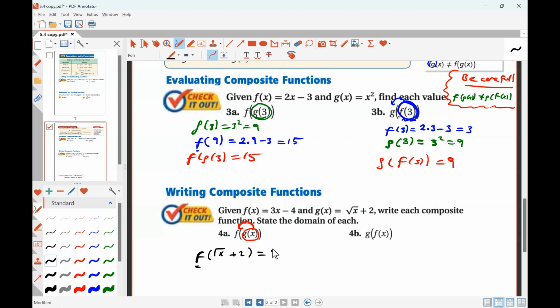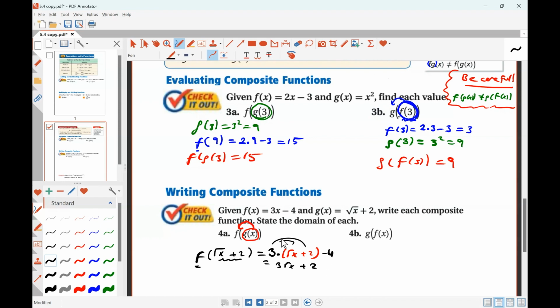So it becomes 3 multiplied by the square root of x plus 2, and minus 4. Simplify this. Distribute 3 to the bracket. 3 square root of x, 3 times 2 is 6, minus 4 is 2. 3 square root of x plus 2 will be the composite function.